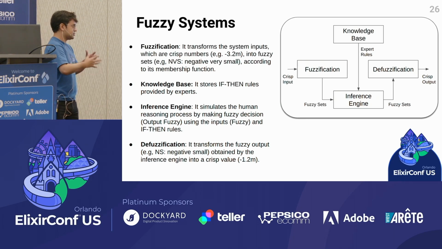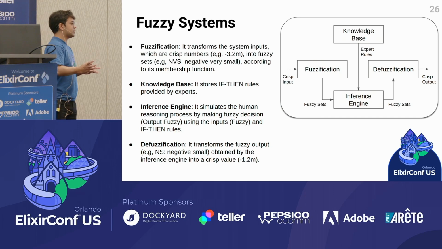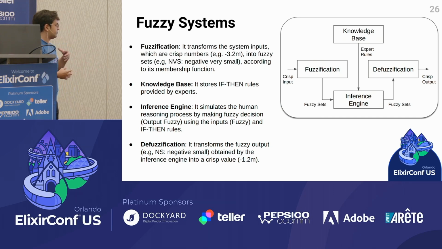Then, since we are in the fuzzy realm, we have to transform them into the realm of the real world, just to have the values that help us for the problem that the system was designed for.